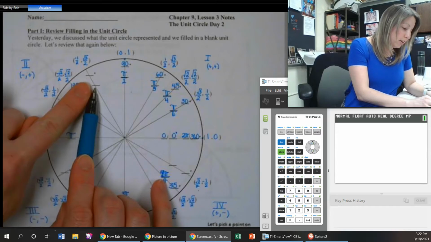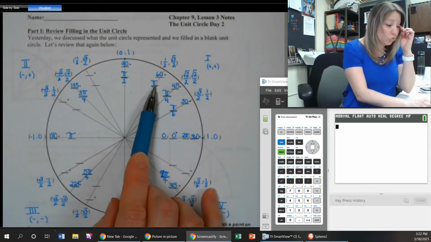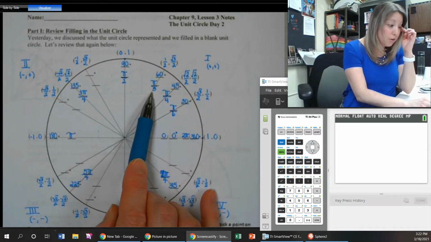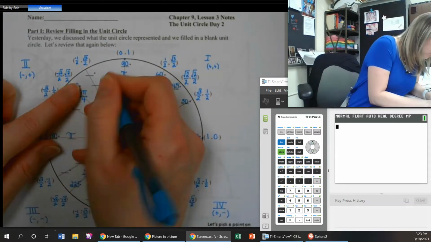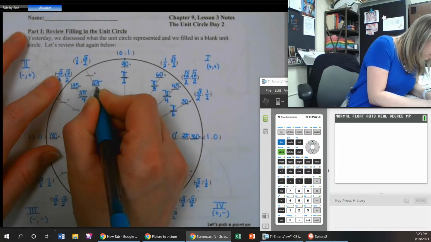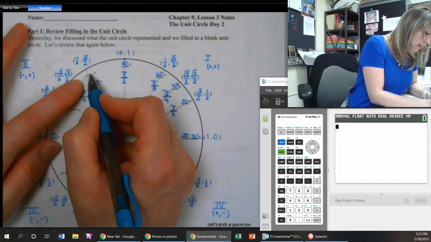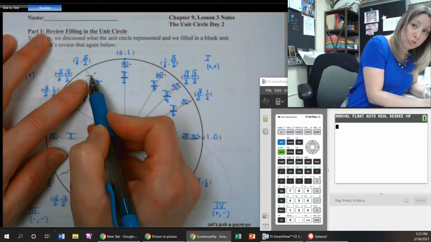So if we come over here, let's see, this guy was 2 pi over 6 that reduced to 1/3. This is 4 pi over 6 that reduced to 2/3. So 2 pi over 3, and we just add 30 here because we did a 30-degree turn.